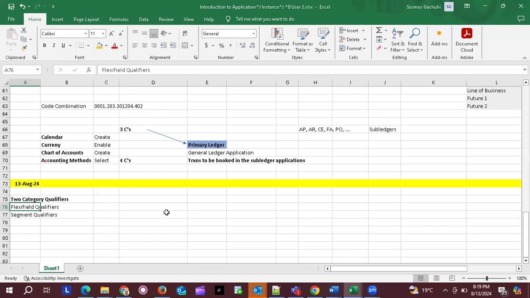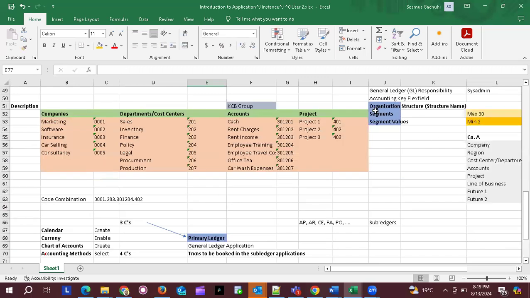For Flexfield qualifiers, this one we usually assign them to segments. We have talked about segments here up. Okay.